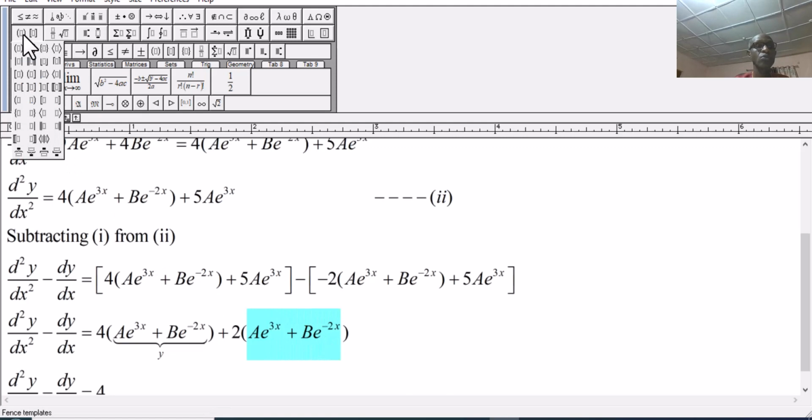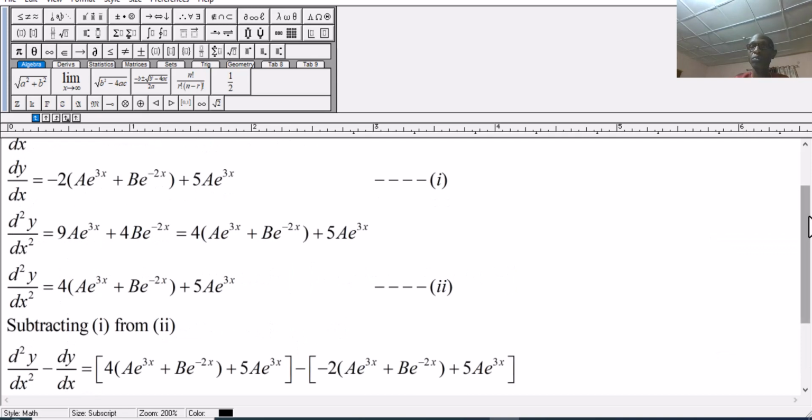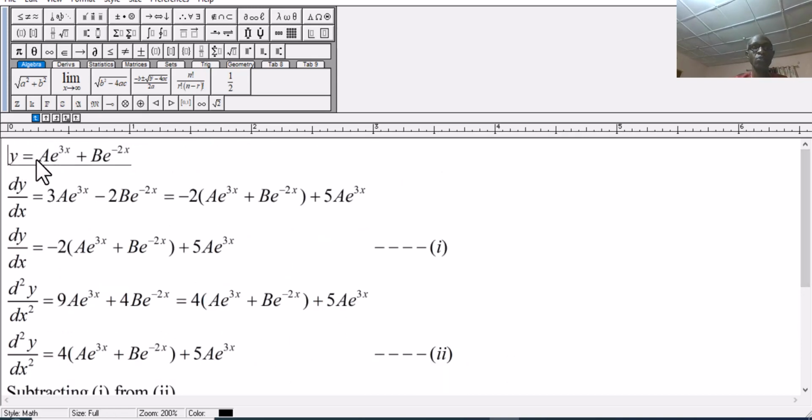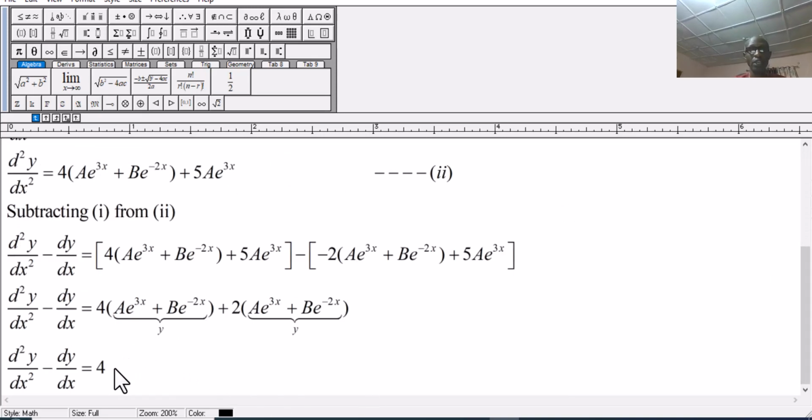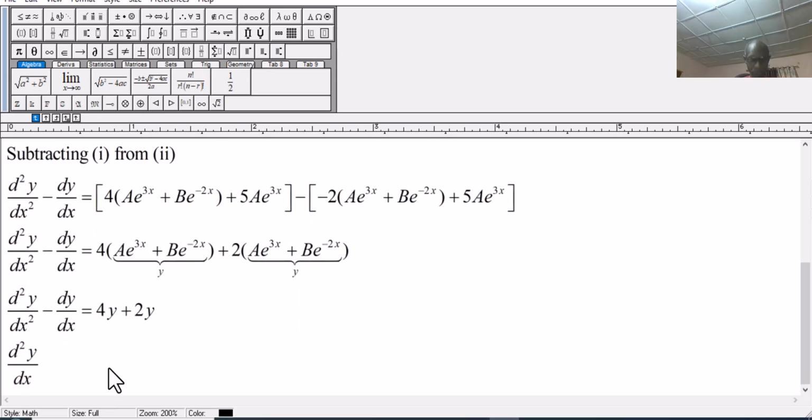Take a look at it again from the original question: y equals a e raised to the power of 3x plus b e raised to the power of minus 2x. That is what we have in this bracket. So I can replace this and say 4y plus d2y/dx squared minus dy/dx equals 6y.